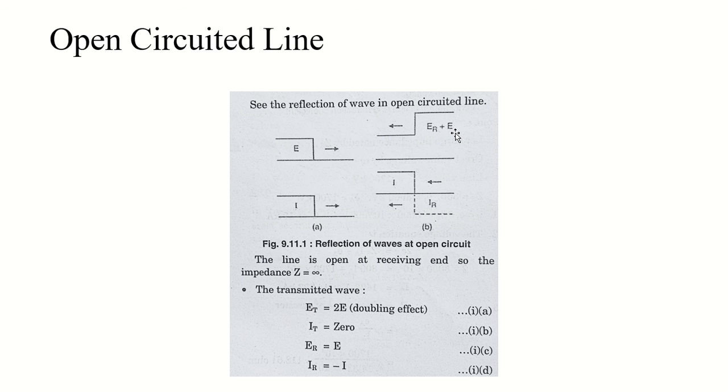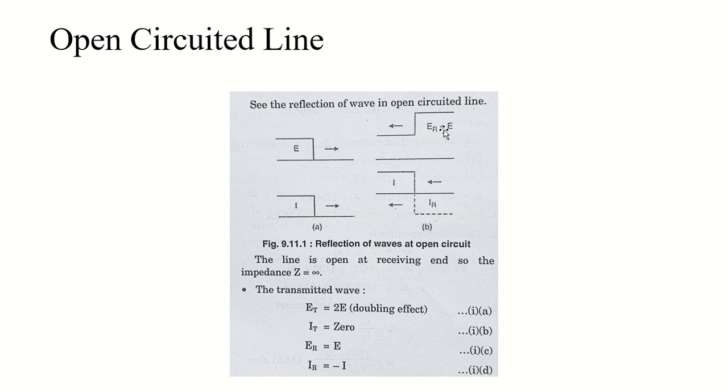And in order to satisfy the boundary condition of an open circuit, when incident current wave I arrives at an open circuit, then the reflected wave is at once initialized as equal to minus I, which means they are in opposite directions. See, I is in this direction, so IR is in the opposite direction, whereas voltages are added up with each other, right?